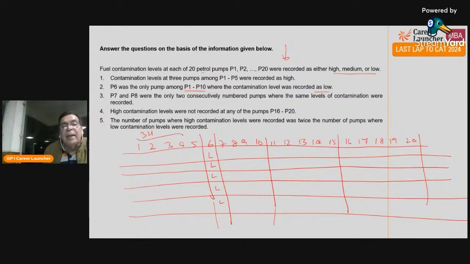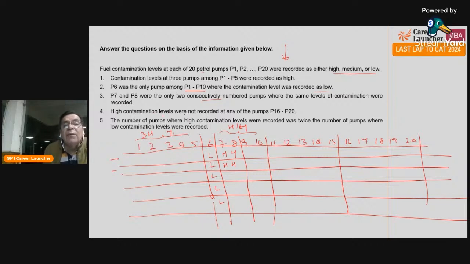So that means the rest are only highs and mediums, no lows. P7 and P8 are the only two consecutively numbered pumps where the contamination level is the same. Now I have got two cases. These two could be medium each, or these could be high each, because low is not possible. So straight away you can see two different cases have come apart from the other things.